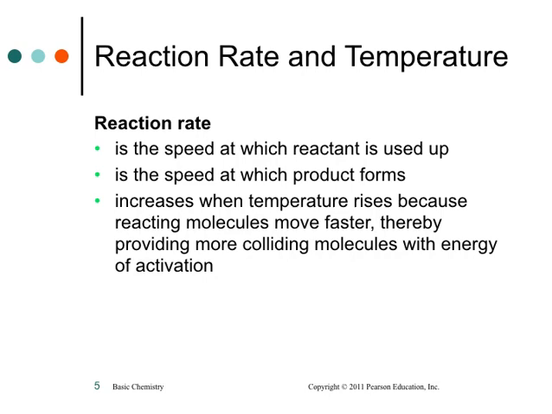I can think of the rate of making sandwiches as either the rate of the sandwiches appearing or the rate of the bread disappearing. And it's exactly the same because the sandwiches are made out of the bread. So either way, it's the speed at which the reactant is used or the speed at which the product forms. And it increases when temperature rises because if you give it more temperature, you give it more energy.